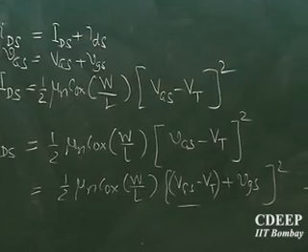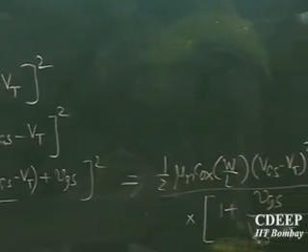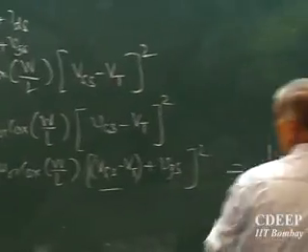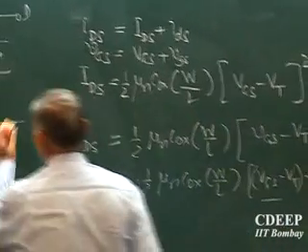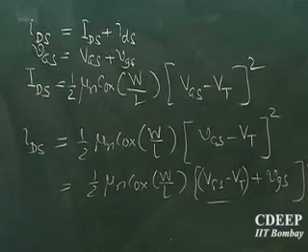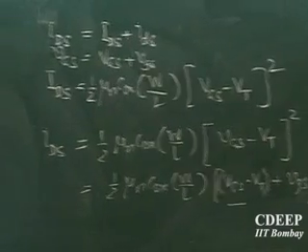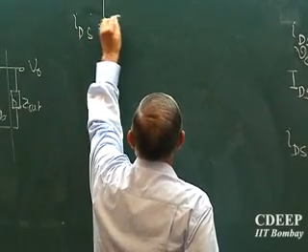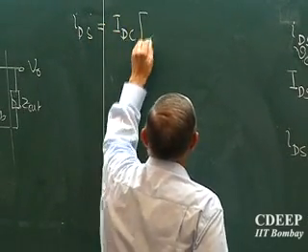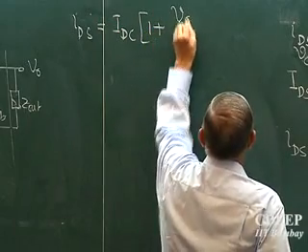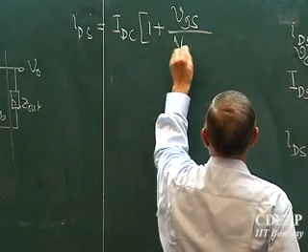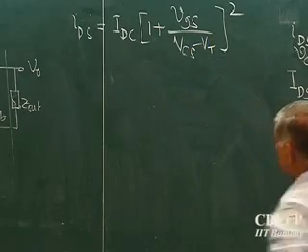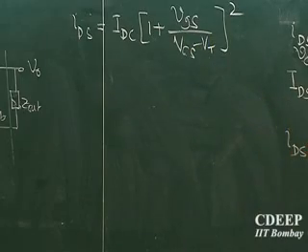What is this value? It is IDC. So I can rub this out, we don't need circuit figures right now. I say capital IDC, and IDS is IDC times (1 plus vgs upon VGS minus VT) square. Is that clear?